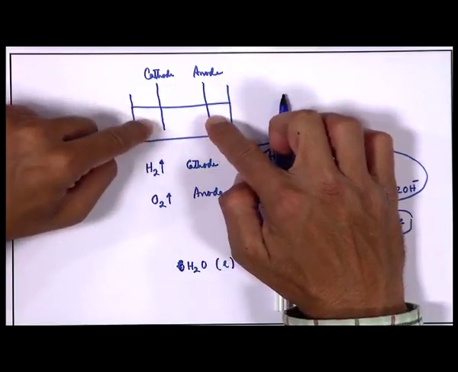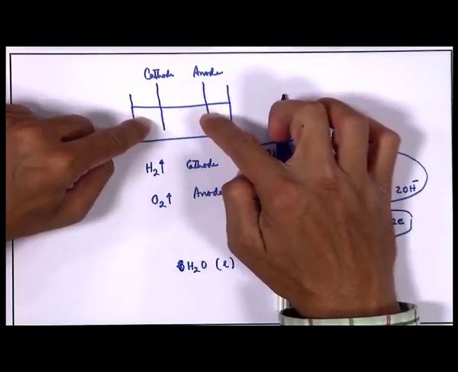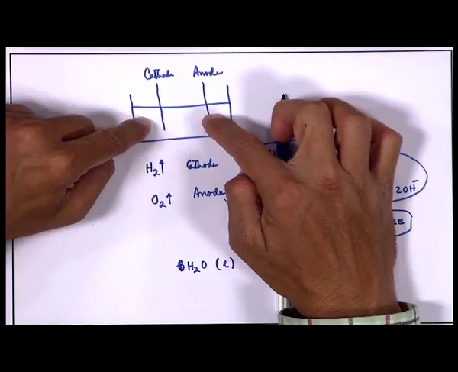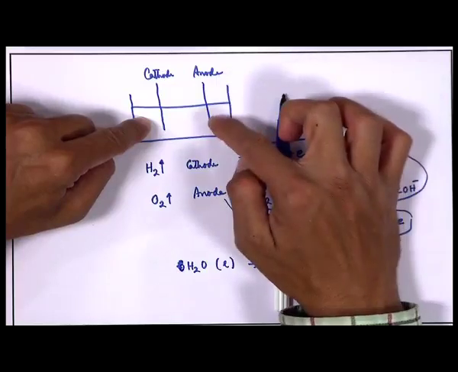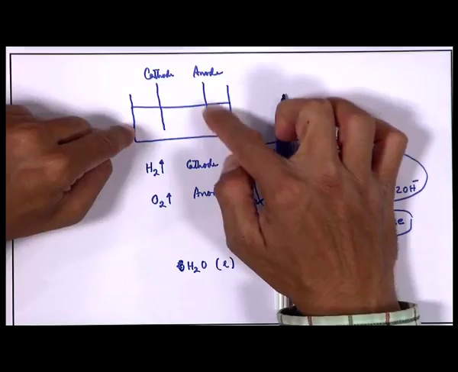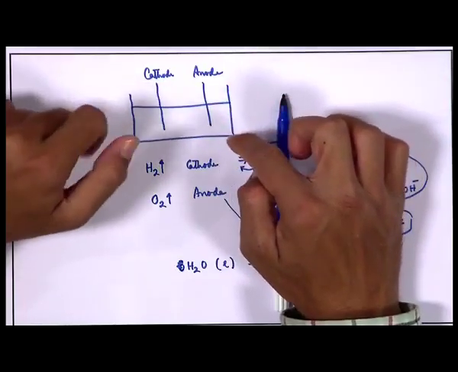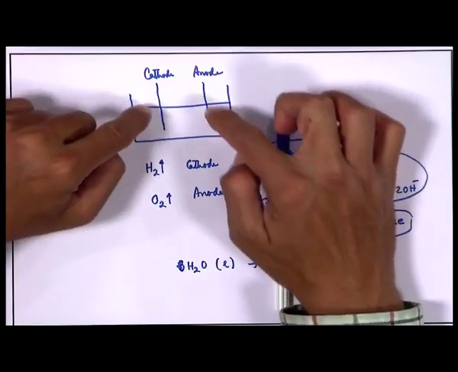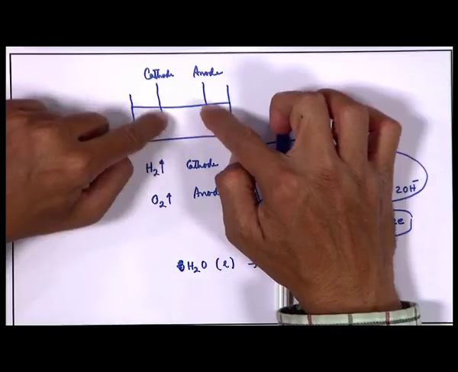In the other half cycle, this becomes anode and this becomes cathode. So, here at cathode hydrogen will be produced, although in the earlier half cycle an equivalent amount of oxygen was produced. Therefore, these electrodes will have hydrogen and oxygen liberated in their vicinity.